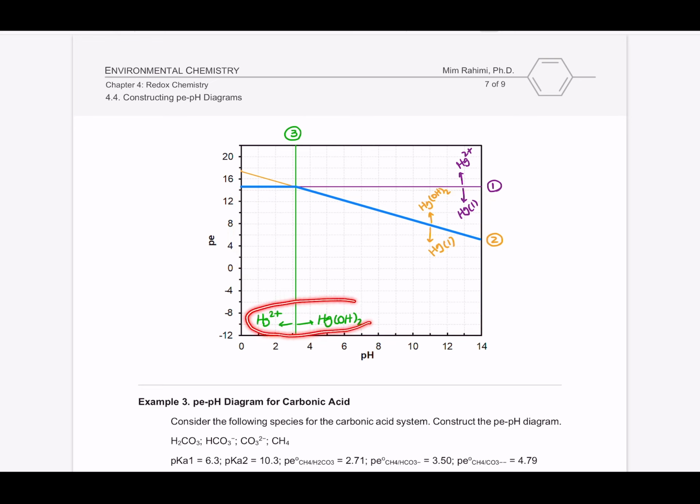This reaction doesn't involve any Hg liquid, so it's not valid in the Hg liquid region, taking line 1 as a reference. But this part, it's the part with Hg2+, no problem. Hg2+ here could be in equilibrium with HgOH2. So that means only this part makes sense.